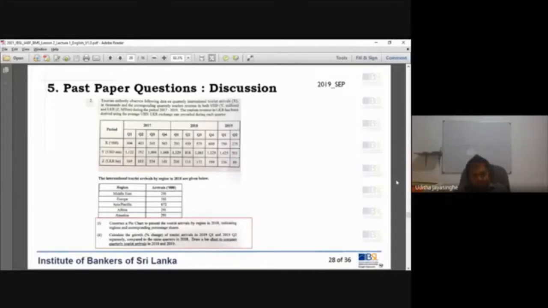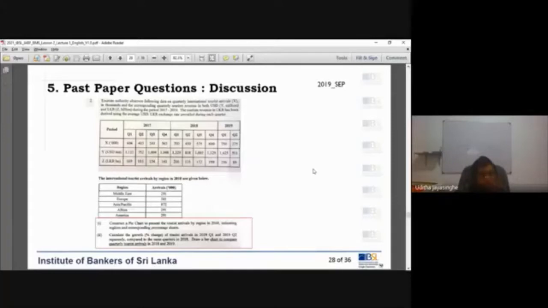X seems to be the value you see here in this first row. X in 1000 seems to be the international tourist arrivals. For instance, if you read this first 604, that means 604,000 tourist arrivals in 2017 quarter number 1. Similarly, that's all about that.